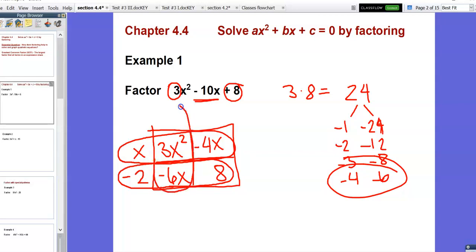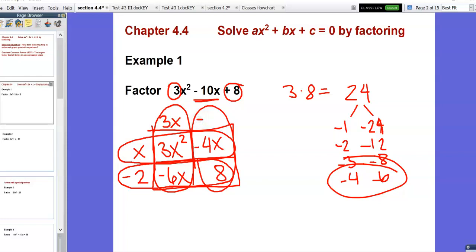Then let's look up the first column. We have 3x squared and negative 6x. Both 3 and 6 have a factor of 3, or you could divide them both by 3. And then between x squared and x, they both have an x. And then lastly, because the x term going up that second column is negative, we need to factor out a negative sign.